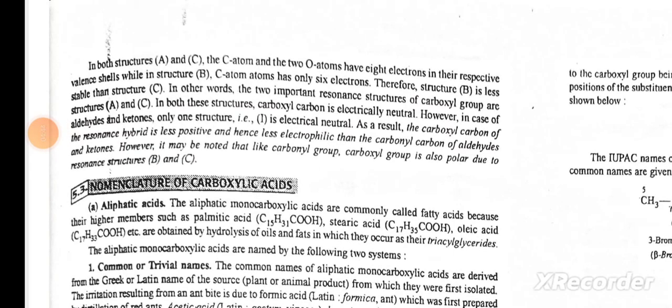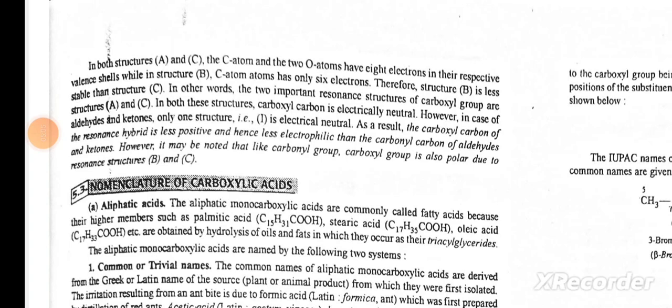In both structures A and C, the C atom and the two O atoms have 8 electrons in their respective valence shells, while in structure B, the C atom has only 6 electrons. Therefore, structure B is less stable than structure C. In other words, the two important resonance structures of carboxyl group are structures A and C.